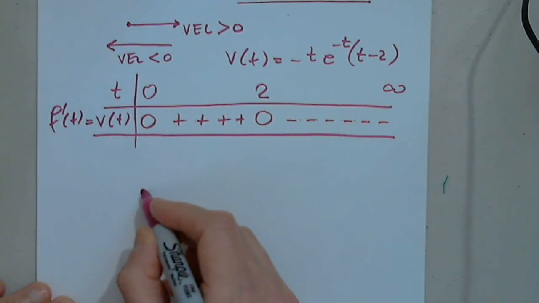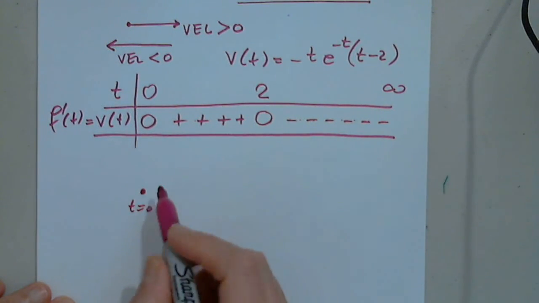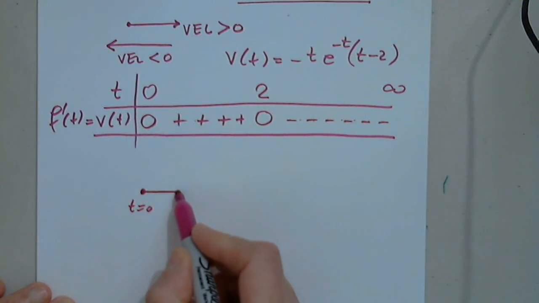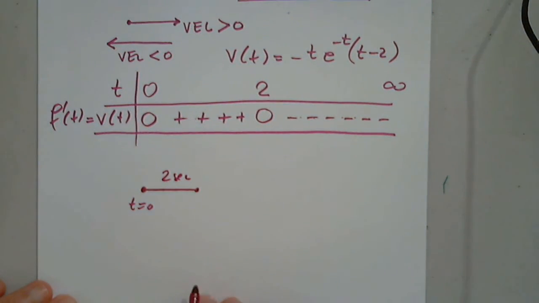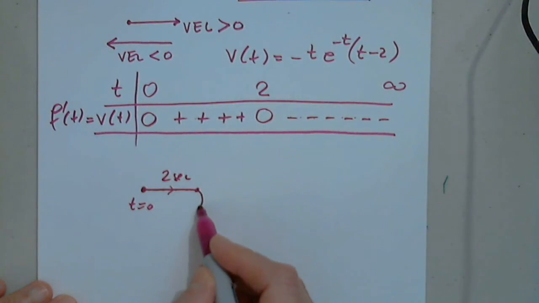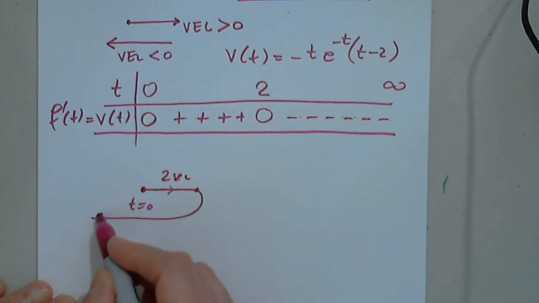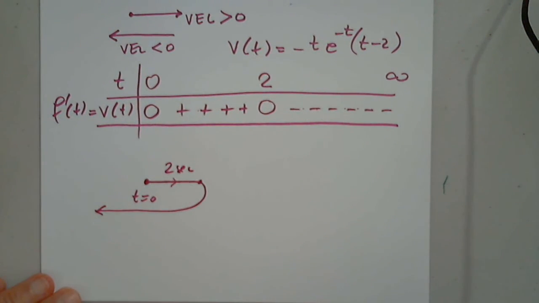So if this is time t equals 0, for 2 seconds the velocity is positive. And then forever it turns around and it's negative. Even though it's potentially slowing down as it gets closer, we just care that the sign is positive. We are only looking at the sign.